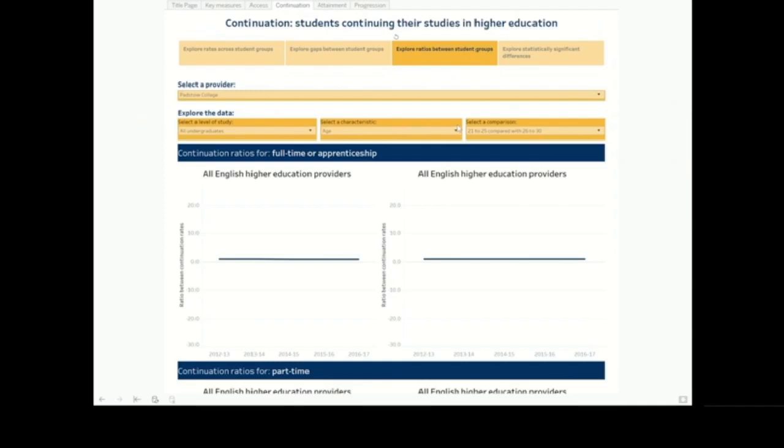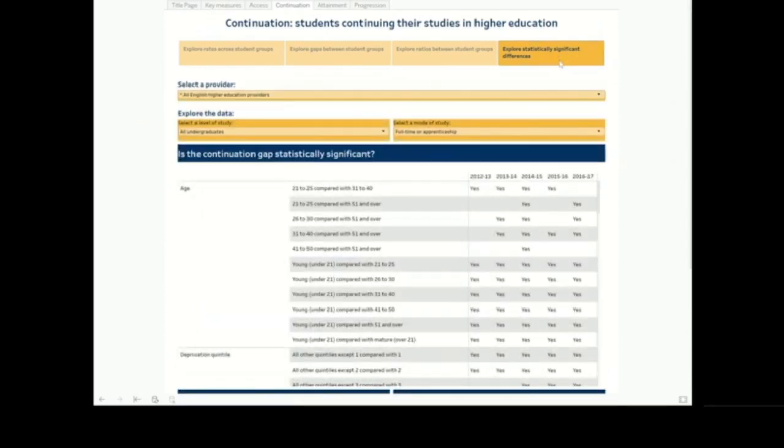The final selection along the top of the page allows us to explore statistically significant differences. As was the case in other selections, we can select provider of interest, and different aspects of the data.